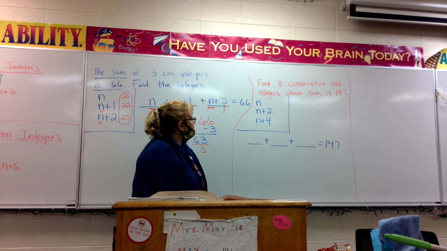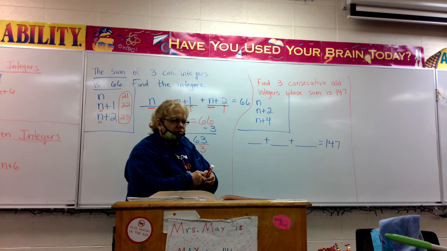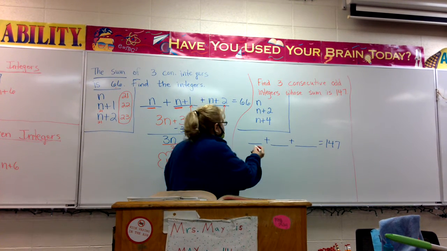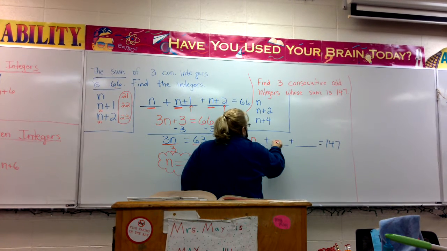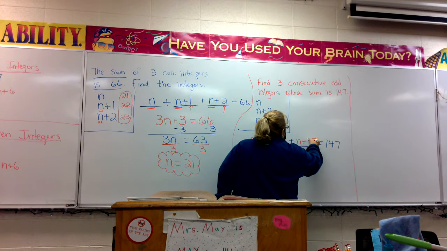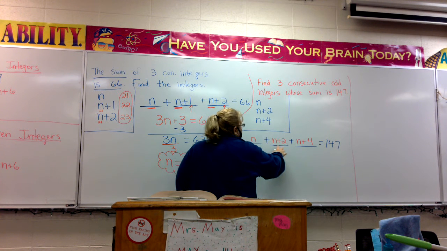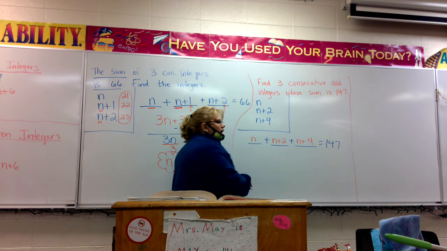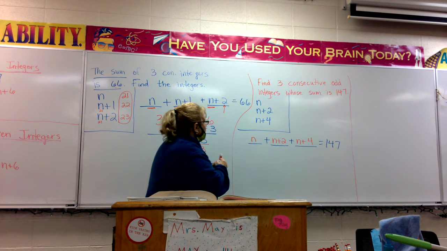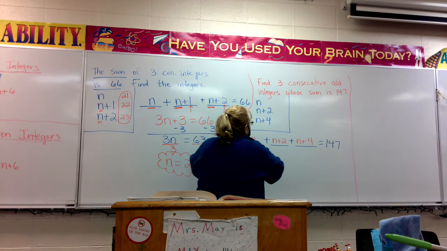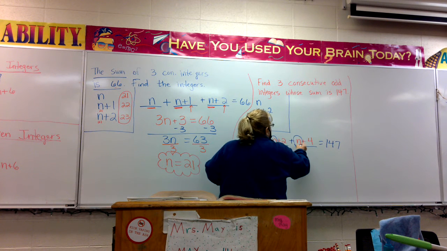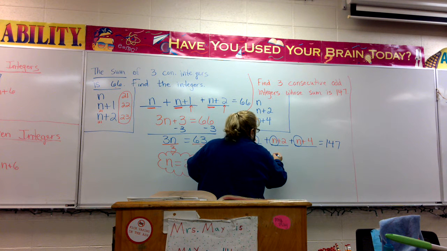The sum is 147. The sum of what? The sum of my three consecutive odds that I wrote down. The first one is n, then n plus 2, n plus 4. There's the sum of the three consecutive odds. Now work it out. First, put all the n's together. I've got 1, 2, 3 n's.